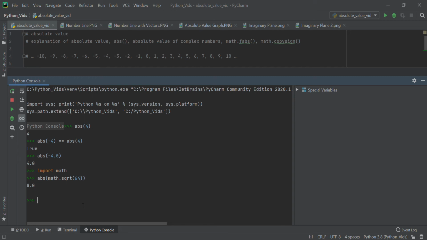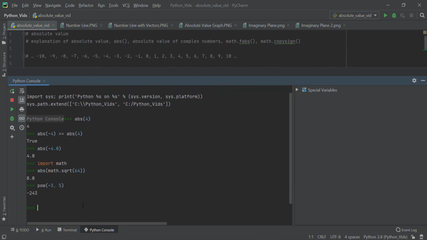As another example, we also learned in our exponent video that we can raise a number to a power of a different number with the pow function. For example, pow of -3 to the 5th power is going to be this -243. Okay, so it is a negative number, right?